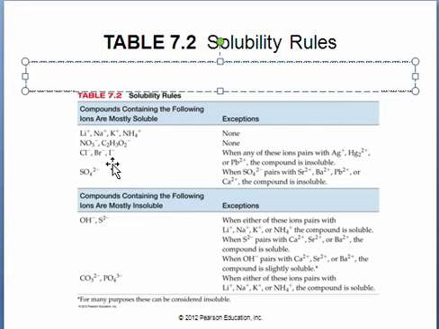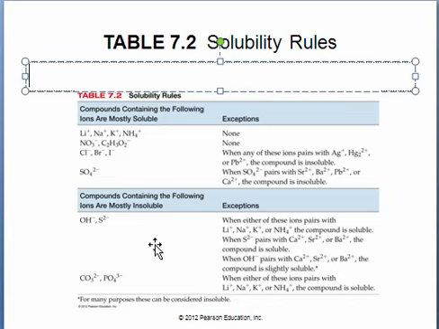The only exception is if these halogens are paired with silver, mercury, or lead. Then it is insoluble. And sulfate is usually soluble except if it is paired with these alkaline earth and lead. Strontium, barium, lead, and calcium, then it becomes insoluble.